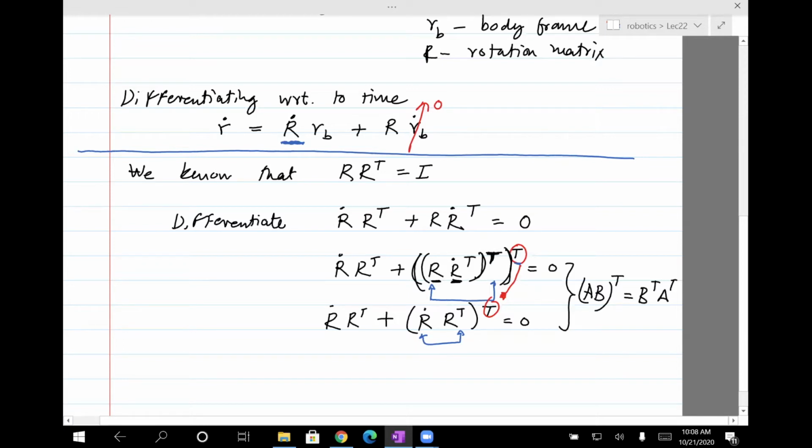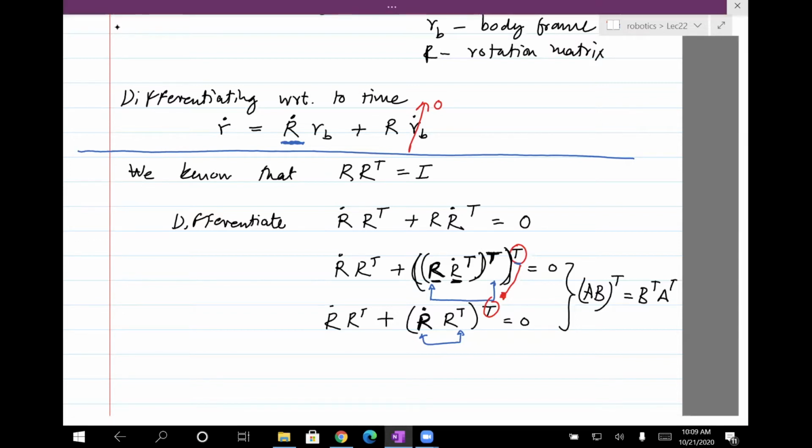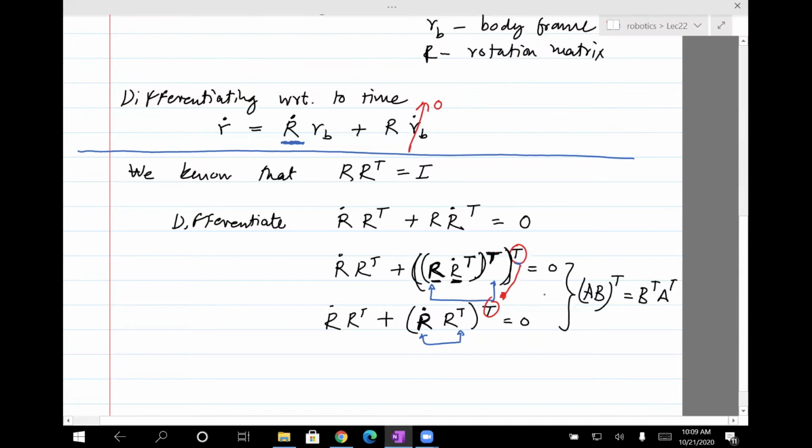So R dot comes here, and I take the transpose of R dot transpose, so that's R dot, and then I need to take the transpose of A to get R transpose. So this follows from this, where A equals R and B equals R dot transpose.